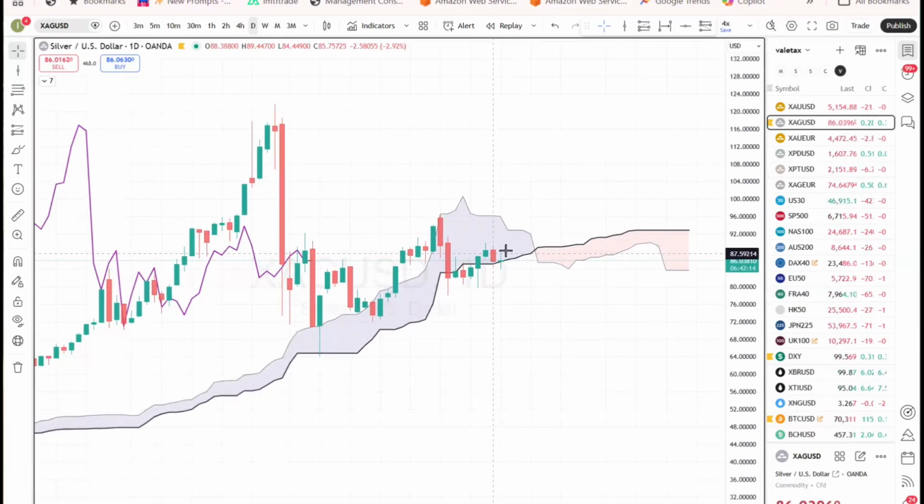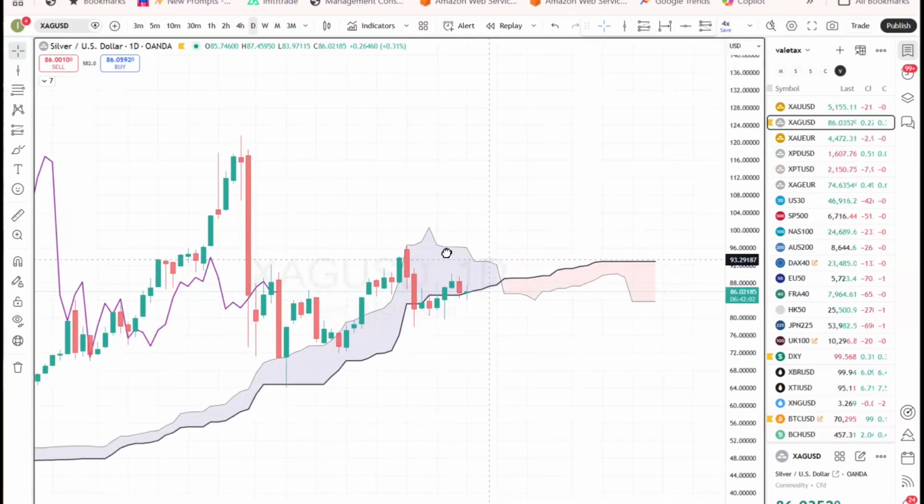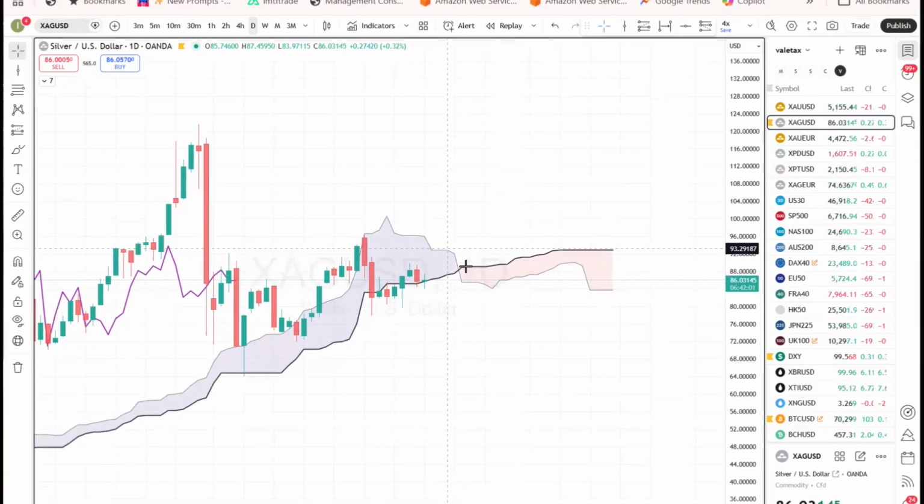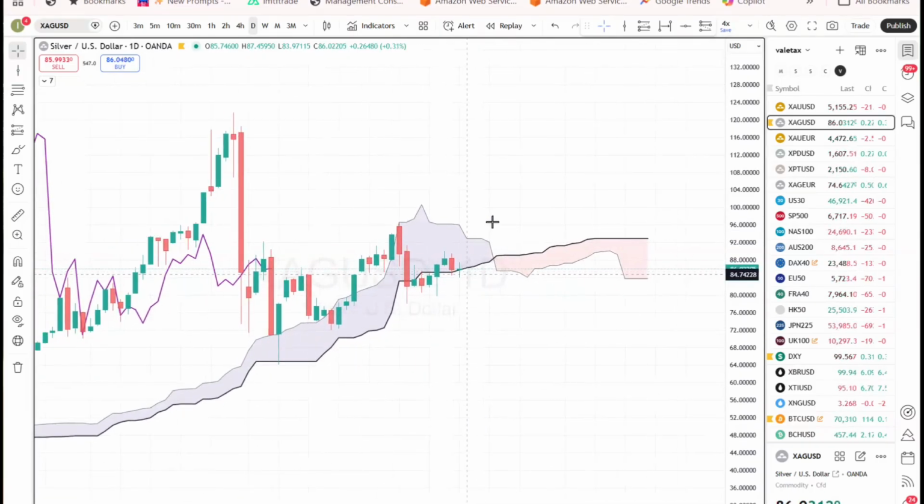And notice one thing: the longer it consolidates, the top of that cloud is coming down. So it's getting higher probability the more it consolidates that it could go bullish. This is something that you definitely want to watch, because if it gets any buying power here, gold could come back and start to go bullish long term.